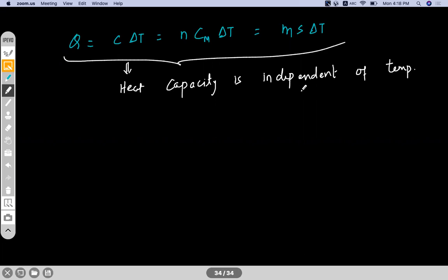If it is not mentioned, then also we consider it as independent. Okay, so note down this point. Change in heat capacity with temperature is negligible.